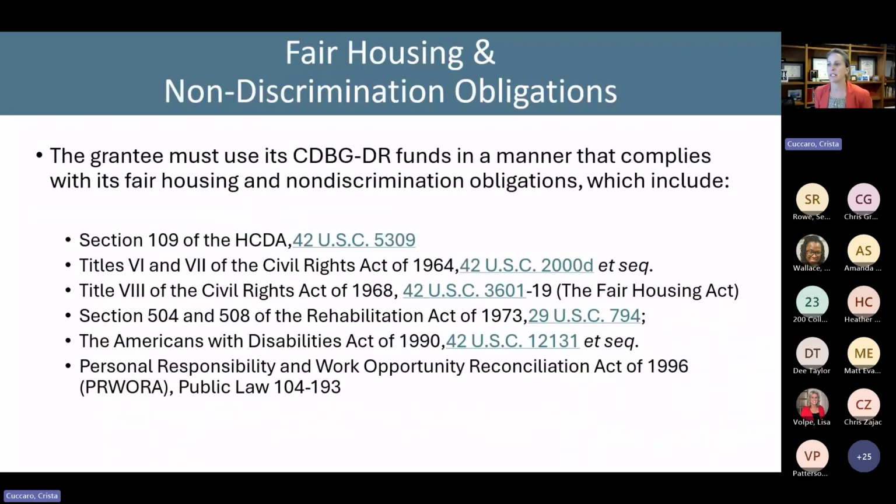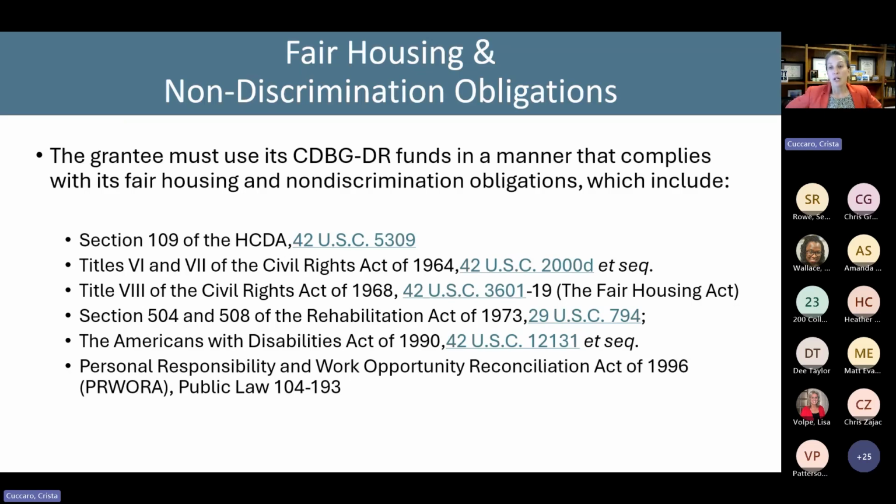All right, last but not least, fair housing and non-discrimination obligations. So we find language in regulations that say the grantee must use its CDBG-DR funds in a manner that complies with its fair housing and non-discrimination obligations, which include all of these different statutes. And so the grantee, right, this is referencing the grantee, this is language from the universal notice, and then the updated universal notice following the March memorandum.